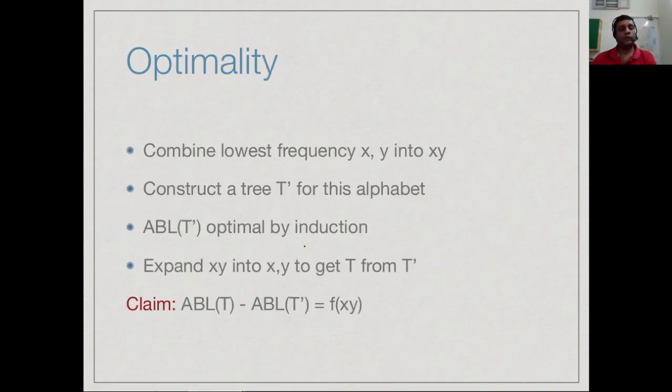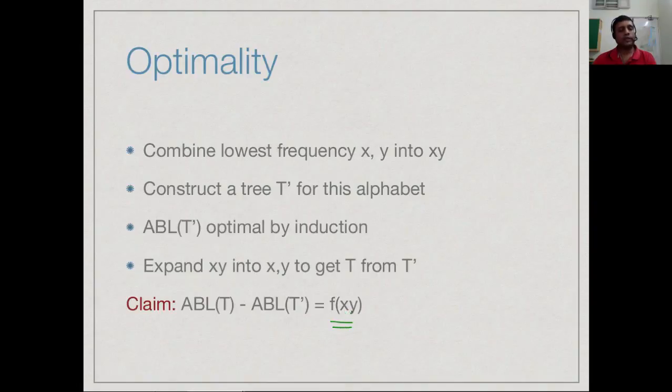Recall that we went from k to k minus 1 by combining the two lowest frequency letters as one, constructing an optimal tree for this smaller alphabet, and then expanding the XY to get a new tree. So the claim is that when I go from the tree over k minus 1 letters to the tree over k letters, the cost is going to increase, but this cost is going to be fixed by whichever letters I chose to contract.